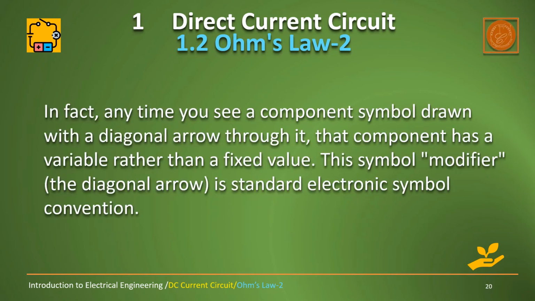In fact, anytime you see a component symbol drawn with a diagonal arrow through it, that component has a variable rather than a fixed value. The diagonal arrow is a standard electronics symbol convention.